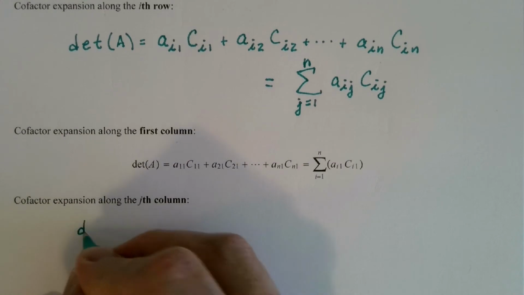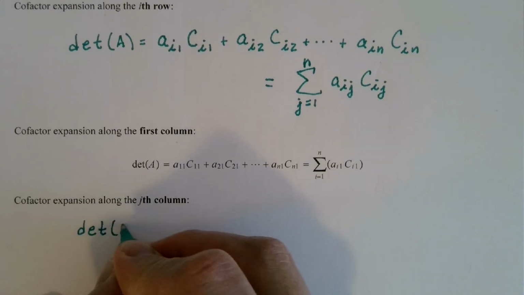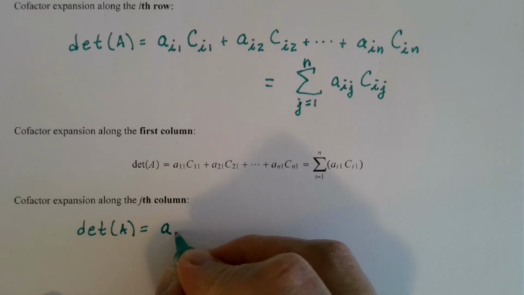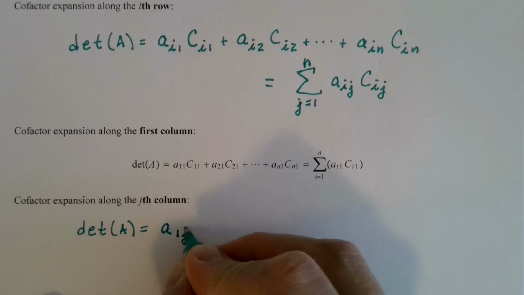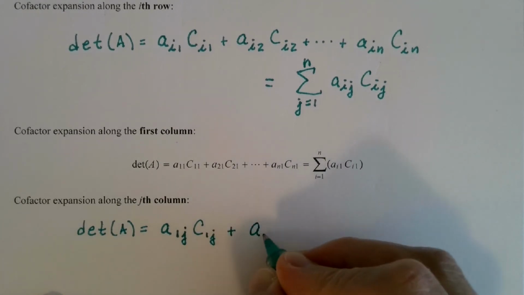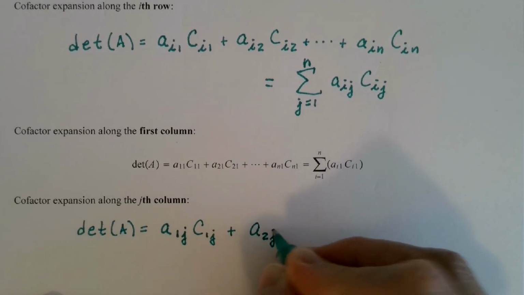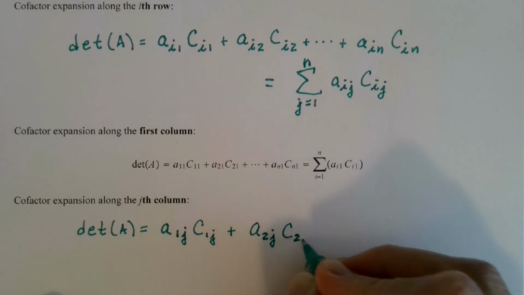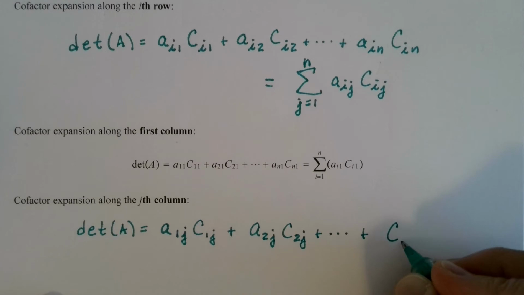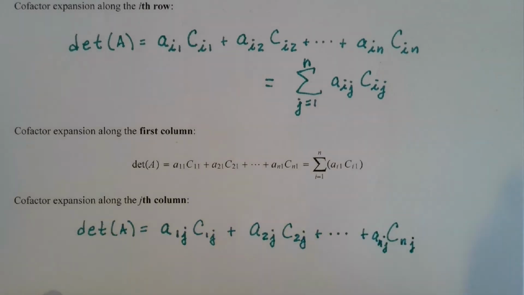If I do it along the jth column, the determinant of A is going to be what? The first entry in the jth column is A1j, first row, jth column, times its cofactor, plus the second entry times its cofactor, all the way until the last entry, which will be the nth row, Anj, times its cofactor.